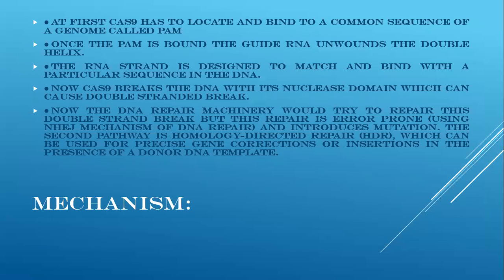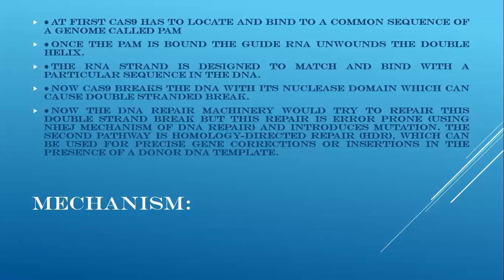So how does this work? At first, the Cas9 has to locate the particular sequence where the cutting or editing has to be done. So it binds to a particular common sequence within a genome, which is called the PAM sequence. Once the PAM is bound, the guide RNA unwinds the double helical DNA, and the RNA strand is designed to match and bind with a particular sequence within the DNA.